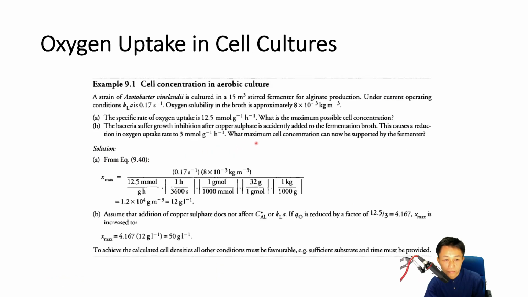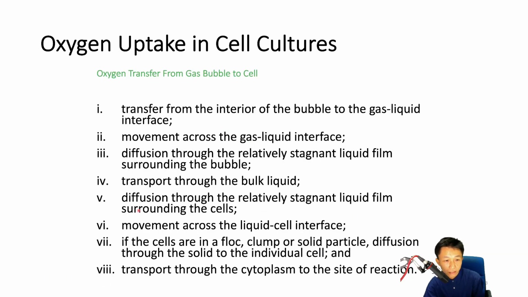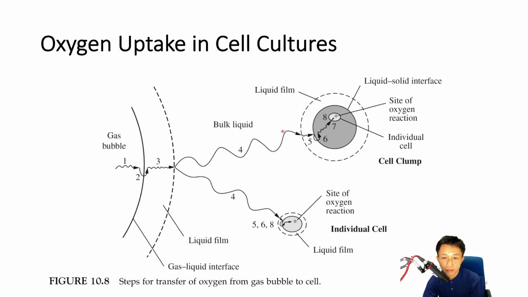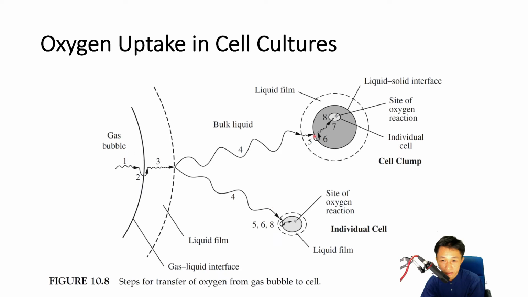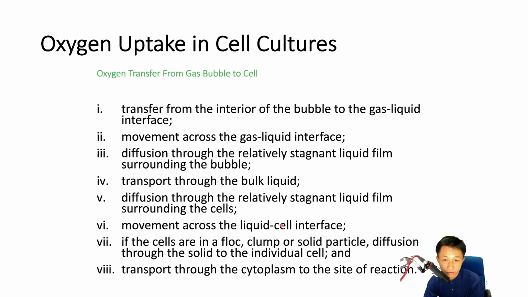This is the fourth step. And then through a very small film across the cell, the film of the individual cell, for example, and moving across the cell interface, the liquid and cell interface. Number 6, and number 6 here is very small.